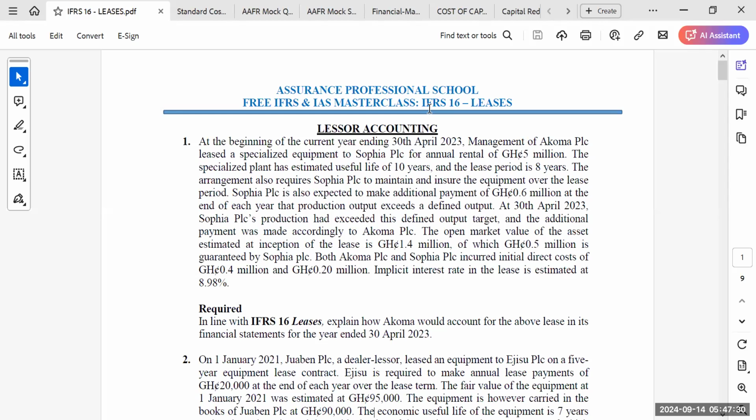The 0.5 is the one guaranteed by Sophia, but the total residual value is 1.4. So you use the total, both guaranteed and unguaranteed. But the one that the lessee is guaranteeing is 0.5. They can give us 0.5 out of that, but the total amount that we are going to be receiving is 1.4. So we have the unguaranteed to be 0.9 and the guaranteed to be 0.5. When are we going to be receiving these amounts?